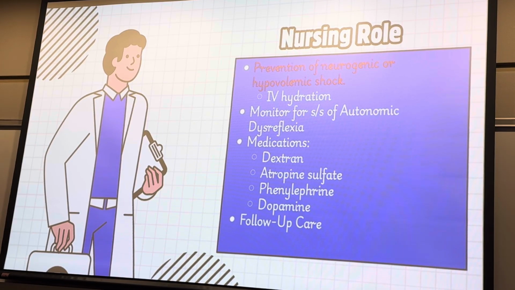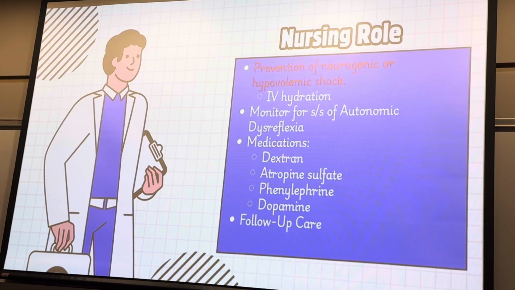Got a lot of different medication options on board. Atropine for your bradycardia, for your low heart rate. That can help out with your neurogenic and hypovolemic shock, increase that heart rate, also help out with your blood pressure a little bit. Your two big ones for your vasopressors are going to be your phenylephrine and your dopamine.